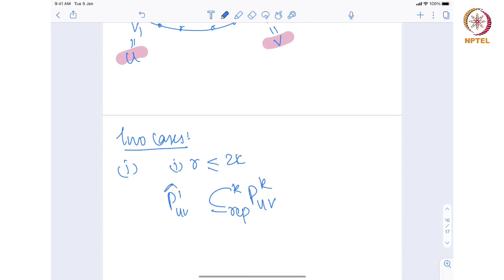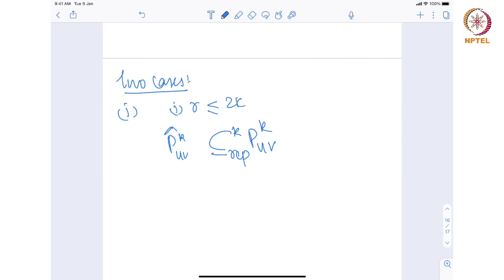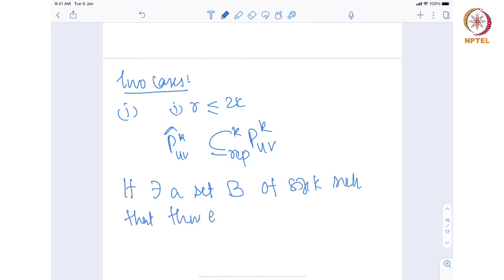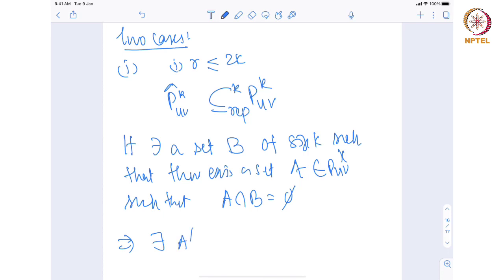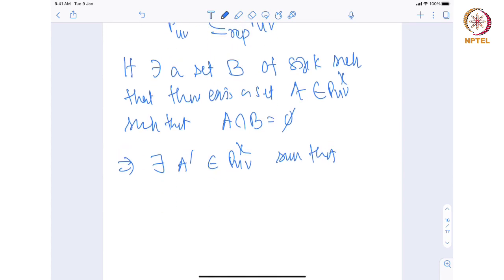The meaning of this set is that if there exists a set B of size k such that there exists a set A in P_UV^k with A intersection B empty, then there exists an A prime in P_UV^k such that A prime intersection B is empty. That is all the definition of this is.